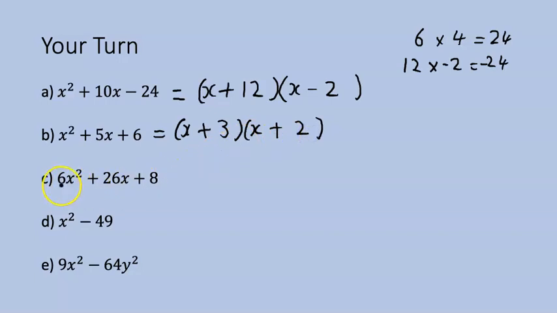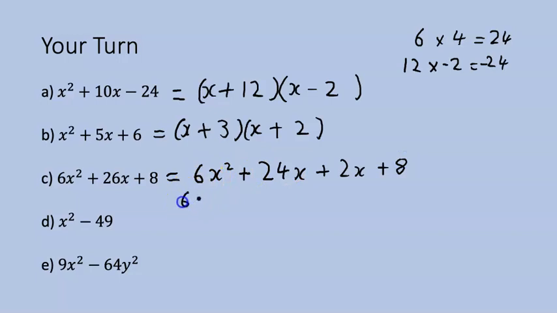Now for C, I've got 6x squared plus 26x plus 8. Really annoying, really complicated, but we're going to do the same method as last time. So I know that 6 times 8 gives me 48. And I know that 24 plus 2 gives me 26. That also multiplies to give me 48. So I'm going to split it up like this and then factorise it.